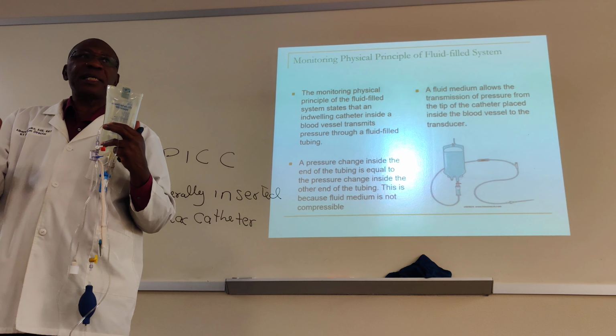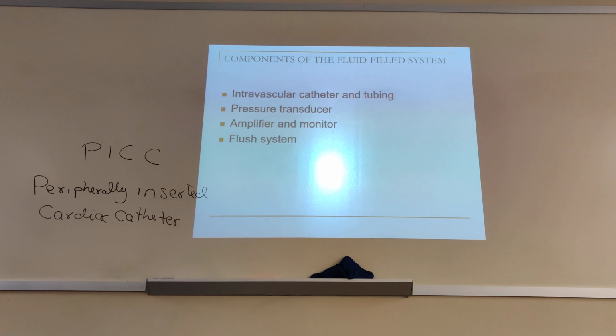You must have that because that is the device that transforms that physiological signal to a low voltage electrical signal so that the oscilloscope can read the numbers and draw graphs. Then you have the amplifier and monitor, which is actually the oscilloscope. The oscilloscope amplifies that low voltage electrical signal, causing you to read those numbers.